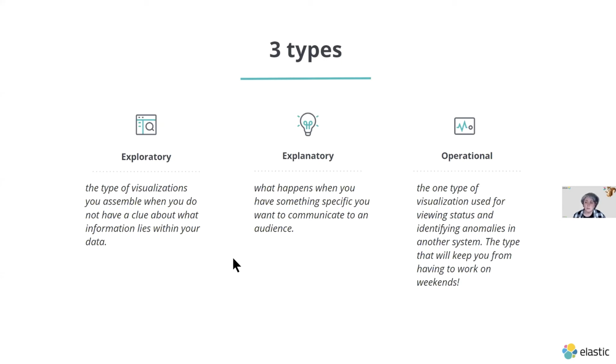And operational type of data visualization is, if you're at all familiar with Elastic, you probably know, something we do a lot. What distinguishes operational type is that you want to be able to see status of systems, you want to be able to identify anomalies or understand patterns, basically the things that are going to prevent you from having to get up at night or log on to work on the weekends.